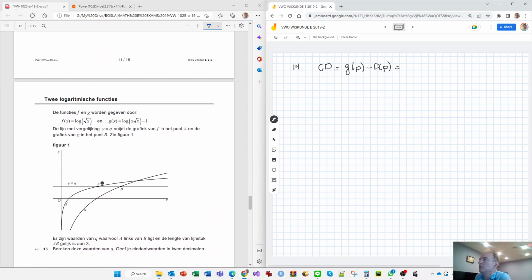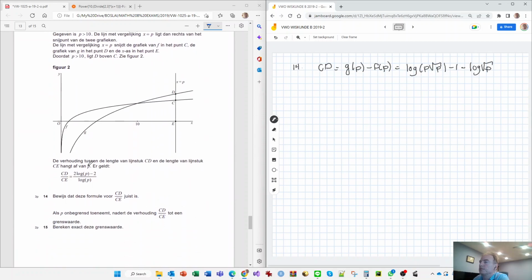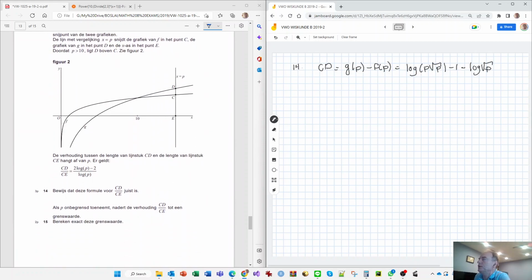I get the log of P, square root of P minus 1 minus the log of square root of P. And CE is a little bit more simple. It's just the log of square root of P.